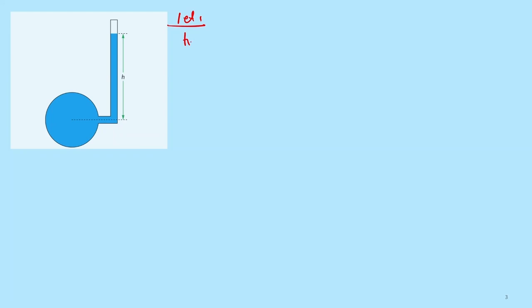Like from this diagram you can write h equal to height of liquid in the piezometer. And we can also write W equal to specific weight or weight density of the liquid.